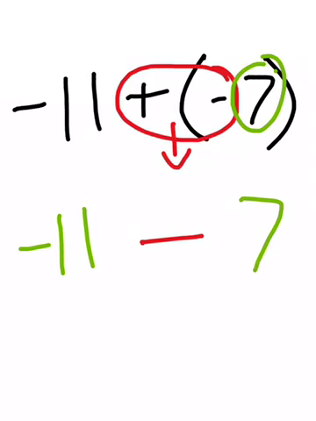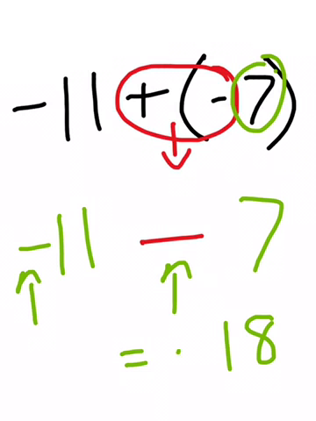So now we have a negative 11 subtract 7. So we go back to part 1, and in part 1 we learned that if these two symbols are the same, we add the numbers, we get 18, and we keep that same symbol, so it would be a negative 18. So negative 11 plus a negative 7 is negative 18.